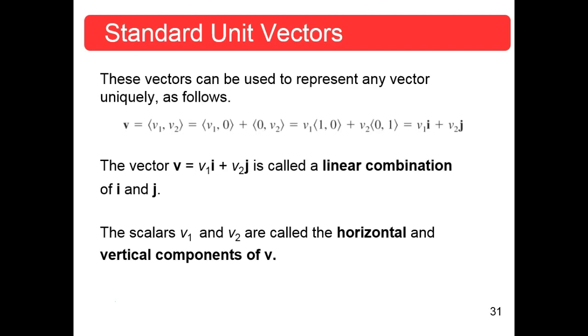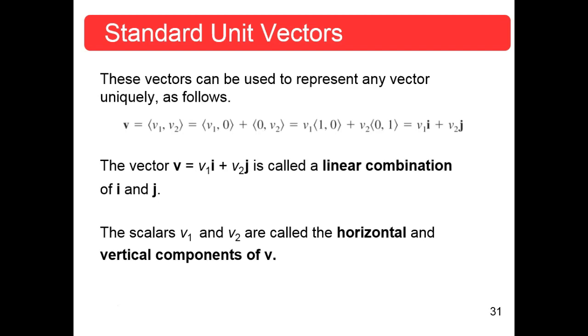So the vector v, v1 i plus v2 j, is called a linear combination of the 2 unit vectors i and j. By the way, i and j, since they're perpendicular to each other, are what we call linearly independent. So not only is this a linear combination of the 2, it's a linearly independent combination of the 2.